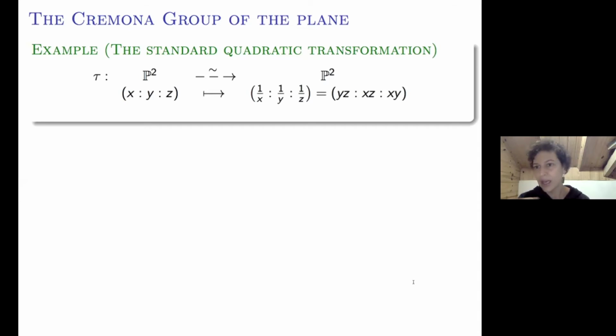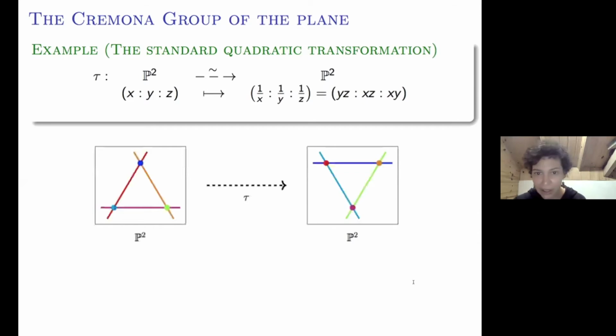Or equivalently, if I multiply everything by xyz, it can be given in this quadratic form, and this is why it's called the standard quadratic transformation: yz, xz, and xy.